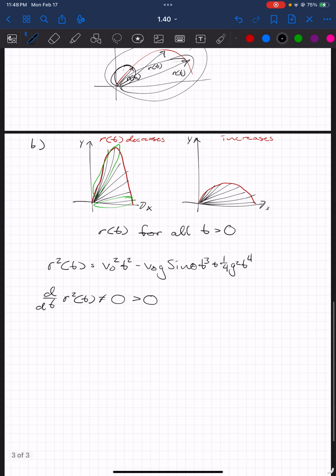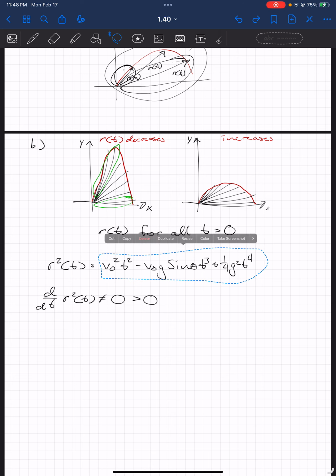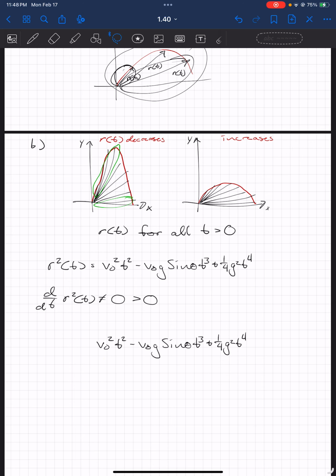So basically, let me write this out properly. When you take the derivative with respect to t, it must be greater than 0 and not equal to 0.